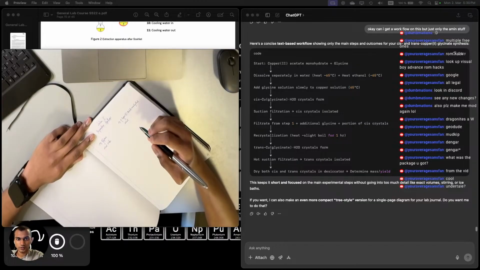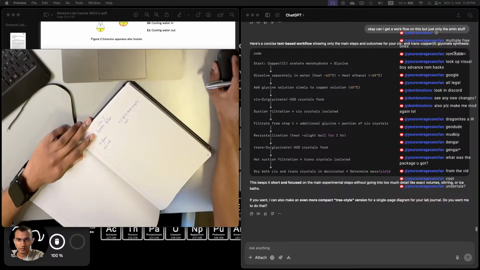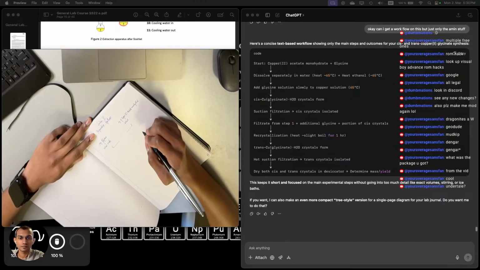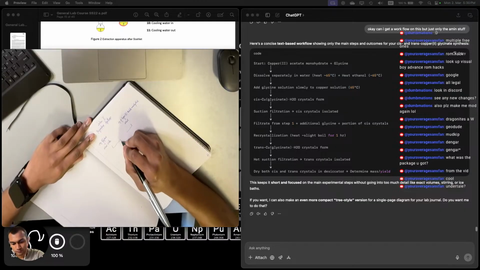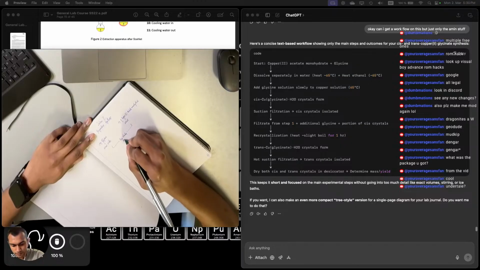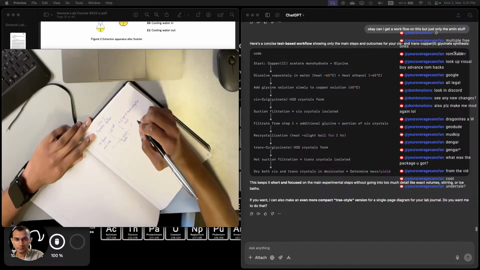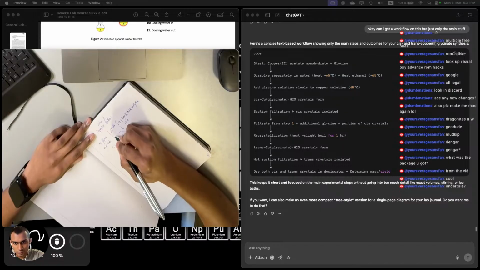Until everything is dissolved, heat 25 milliliters of ethanol. Pour slowly together. Hot bath, 60 to 70 degrees Celsius.